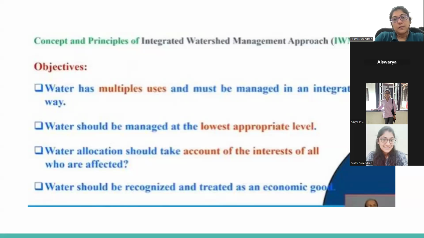So the objectives of the integrated watershed management approach are considering the multiple uses of water, taking care of water at the lowest appropriate level, then taking into account all of the interests of every being that is making use of water, and treating water as an economic good.